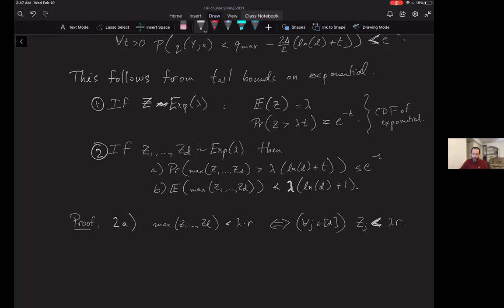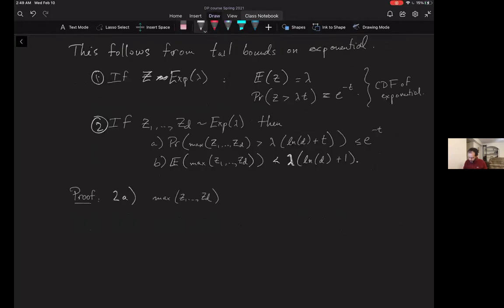Backtracking a little bit, the probability that the maximum exceeds lambda times log of d plus t: this event happens if and only if there exists some j such that zj is greater than lambda log of d plus t.